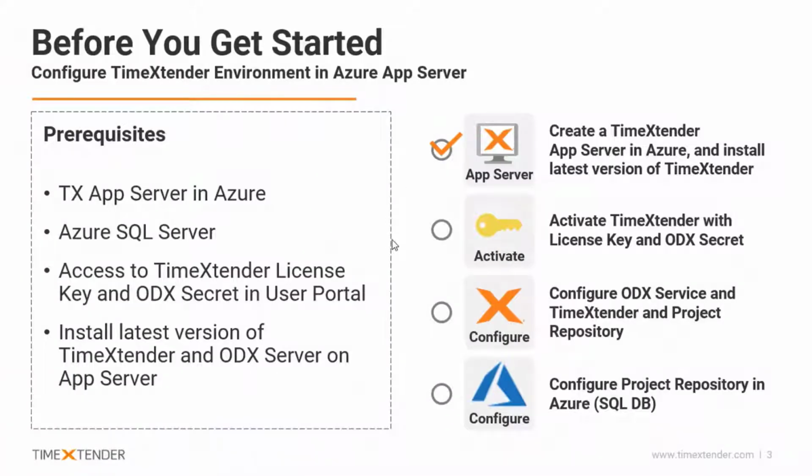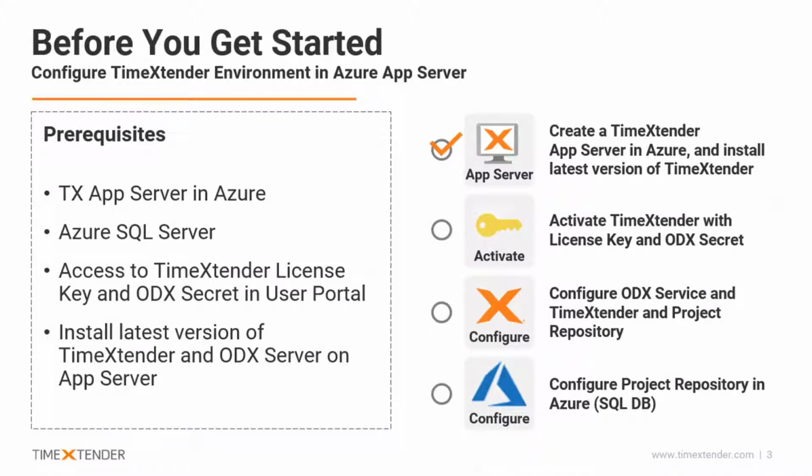Before we get started in configuring TimeXender in the app server, there's a few things that we do need to have done that we went over during the last session. So if you weren't able to attend, take a look at that recording there in YouTube. We have a playlist called TimeXtender Tuesdays, and you'll be able to find that. So what we have here is the prerequisites to get to where we're at now.